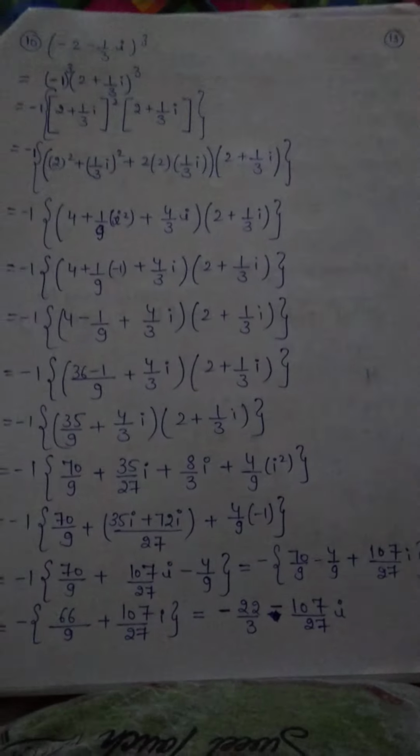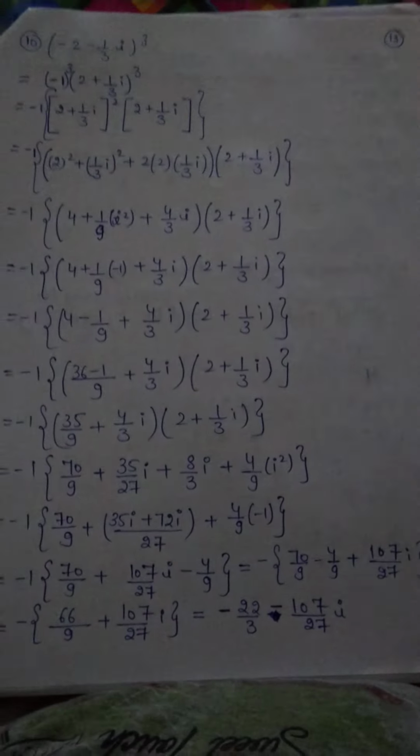So now, children, I am having minus 1 cube into (2 plus iota by 3) whole cube. Minus 1 cube will give minus 1 separately outside the bracket, we will write it all over the whole question. At the last step we will multiply it. Clear? We will not change this minus 1 throughout the whole question. At the last step only we will change it.